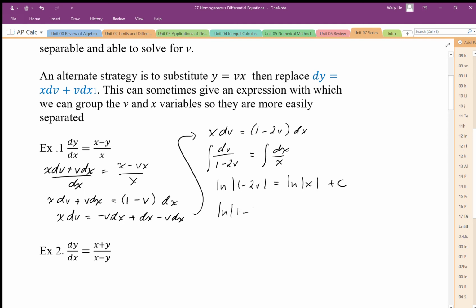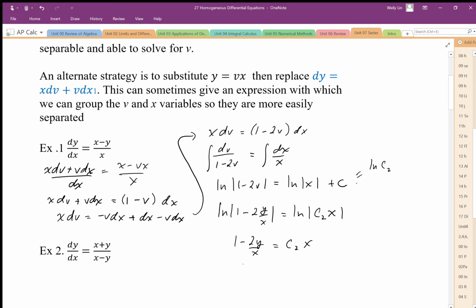So log of 1 minus 2y over x is equal to, and we're going to combine this c in here. We're going to make that c2, so c is equal to log c2. Okay, and then we use the log properties to put those together, and then we can solve for the y here. So we get 1 minus 2y over x is equal to c2x, and then let's move those over.